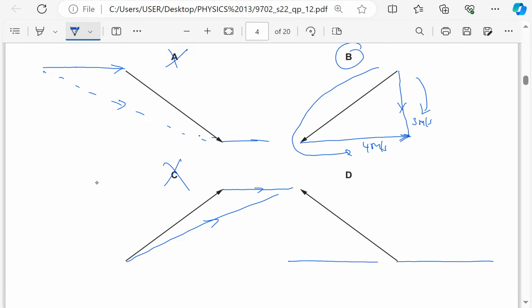No, I will put it here. I'm trying to join head to tail. So if I say 4 meters per second plus the change, this will form an anti-clockwise loop. The resultant would be the other way around. So it means D is also wrong. So the answer is going to be B.